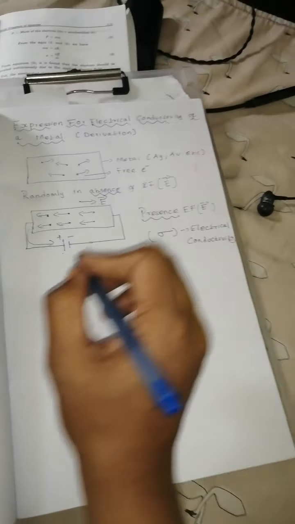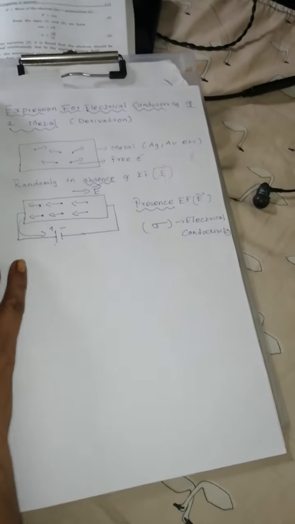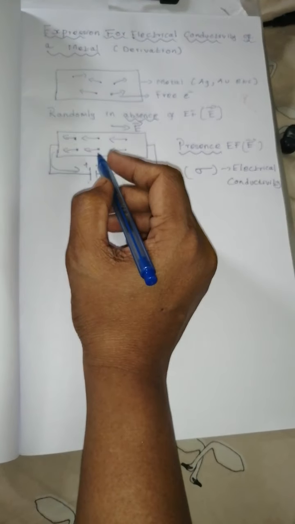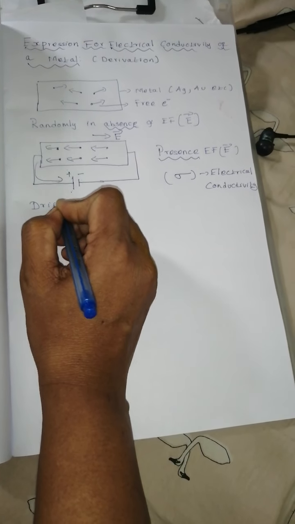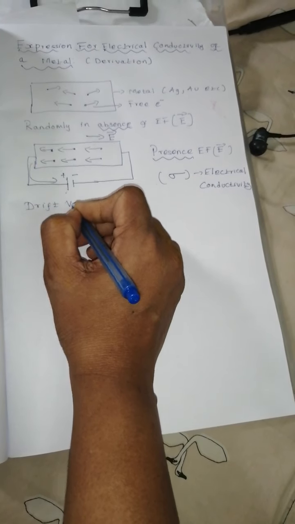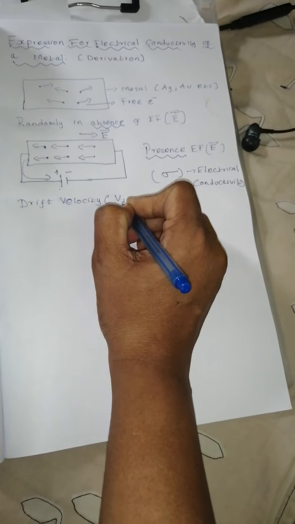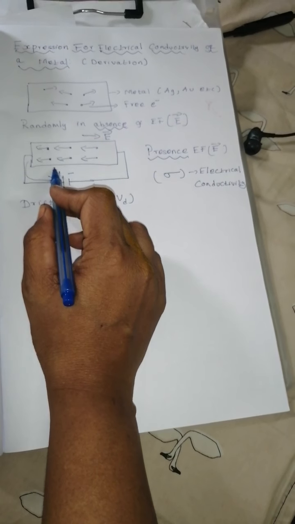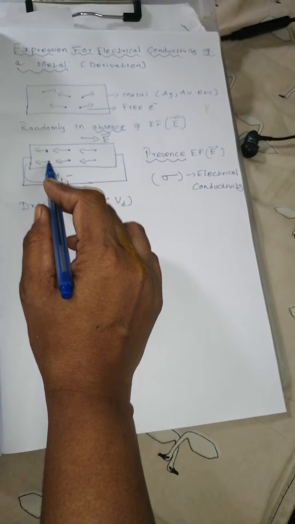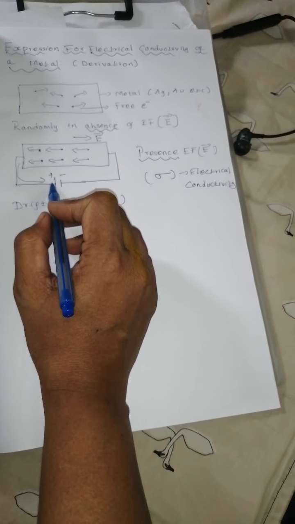When an electric field is applied, the electrons move with a velocity which is known as drift velocity, denoted by V suffix d. What is this drift velocity? When we apply an electric field, the electrons acquire a velocity and move towards the positive potential of the battery.